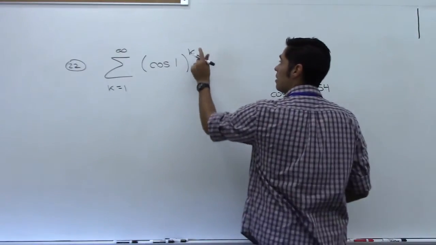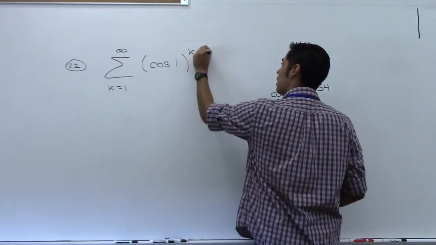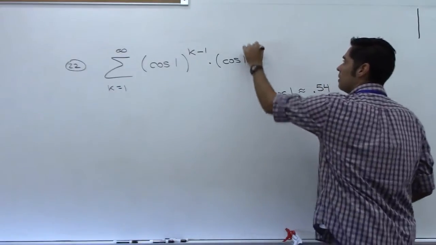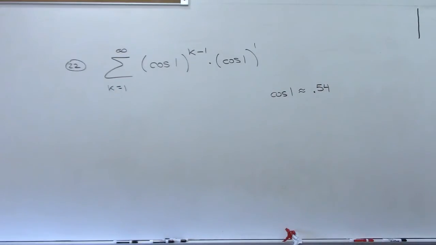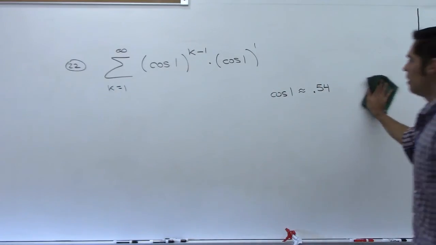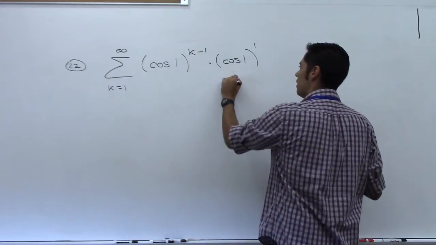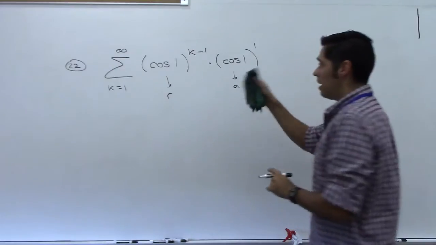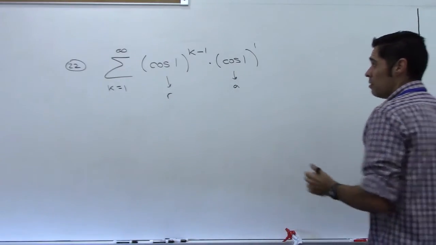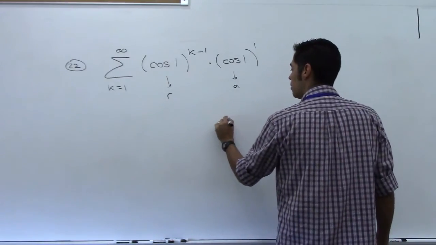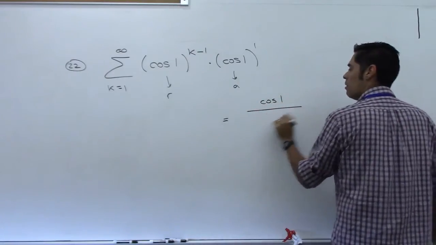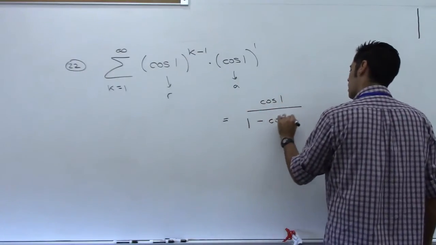So I need to make this a minus 1. So this is where I do minus 1 plus 1. So minus 1 plus 1, I think, hopefully I've done this enough. But that's what happens, if I rewrite it. So my a here is this, and my r here is this. And I already know that the absolute value of r is less than 1. So this will converge, and what it converges to is cosine 1 over 1 minus r, 1 minus cosine 1.